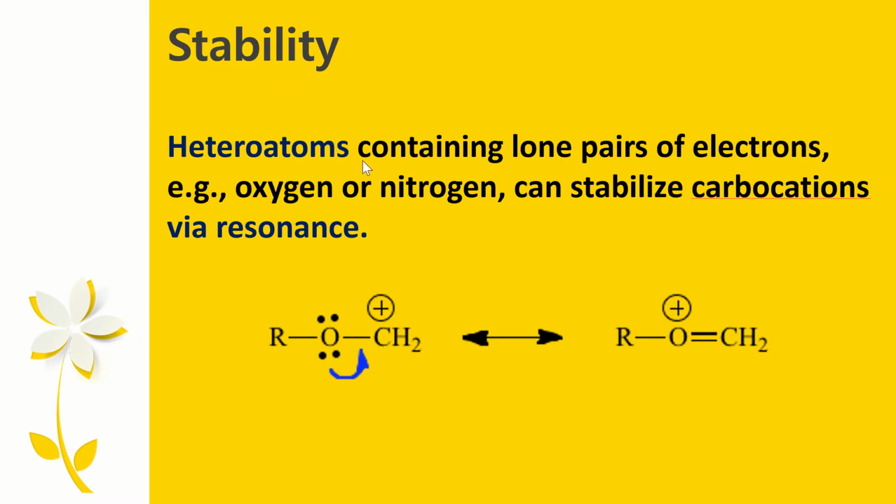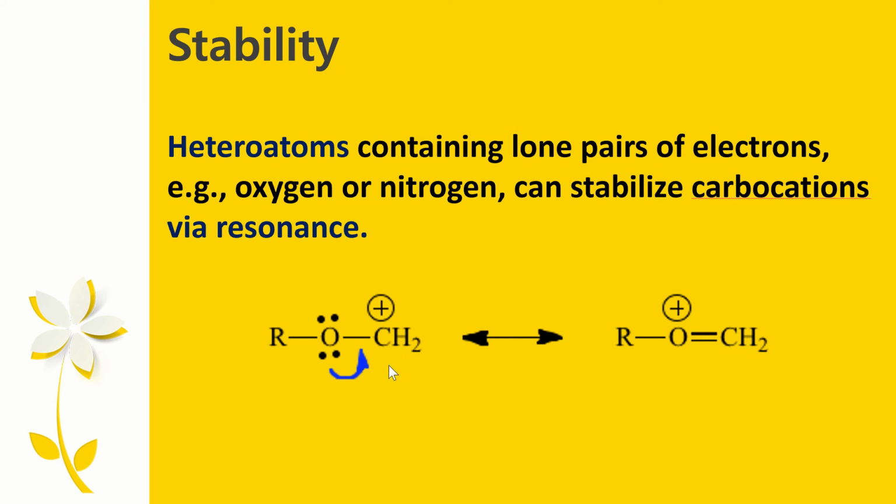And so heteroatoms containing lone pairs of electrons, so for example, our oxygen and or nitrogen, they can stabilize carbocation via resonance, right? So here, we have our carbocation and we have our resonance arrow here. And we see where we have a pair of electrons on the oxygen, forming our double bond here and therefore helping to stabilize our carbocation.